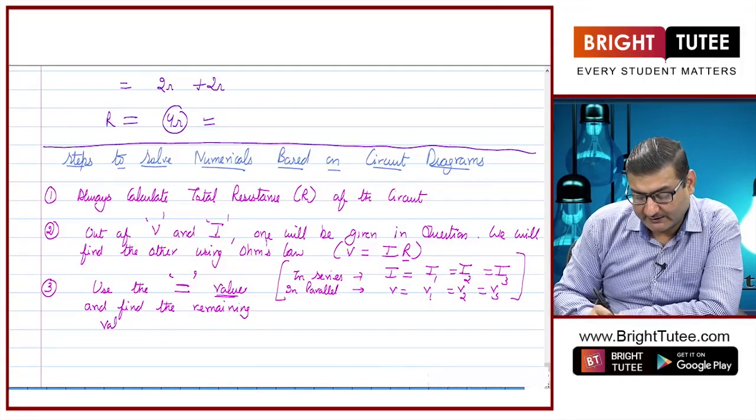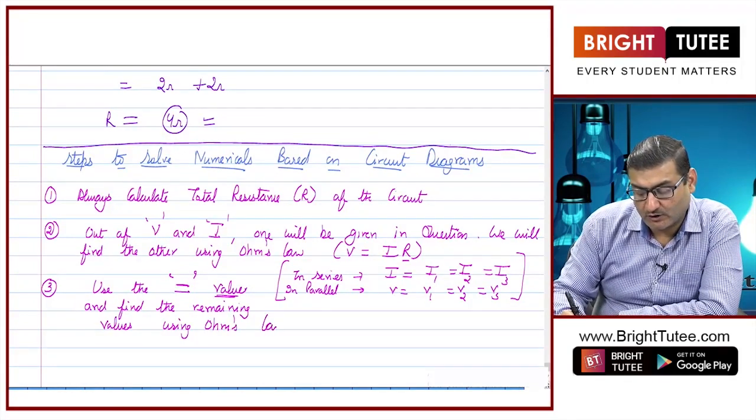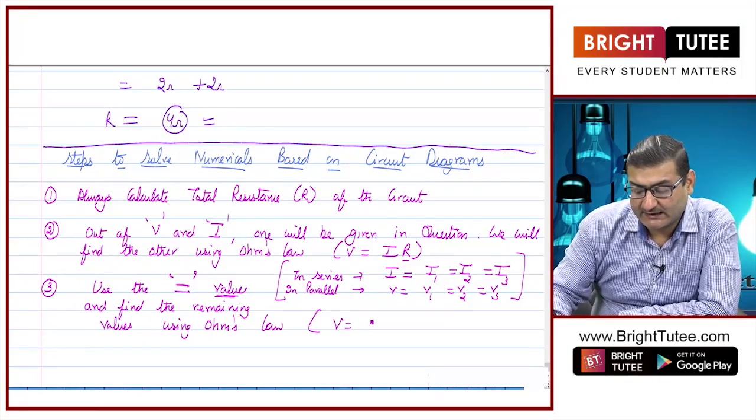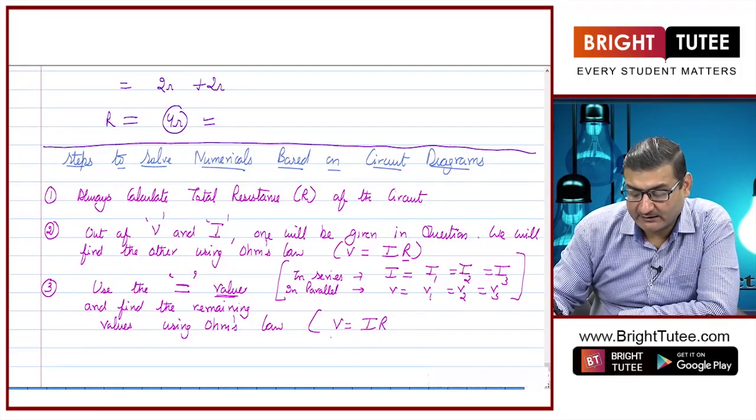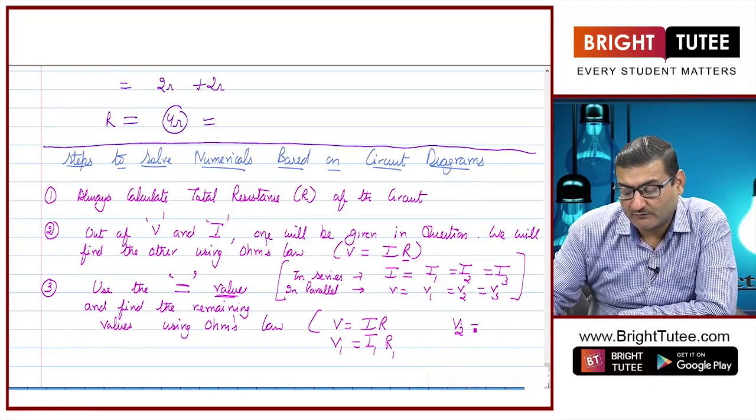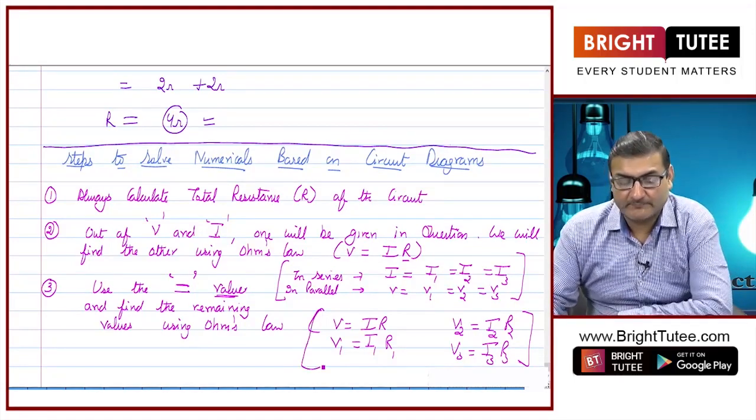We will find the remaining values once again using Ohm's law, which states that V is equal to IR, or V1 is equal to I1 into R1, or V2 is equal to I2 into R2, V3 is equal to I3 into R3 and so on.